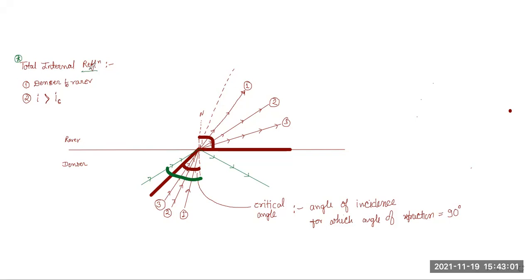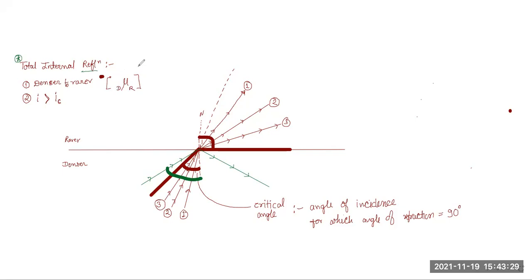Very first thing, light must travel from denser to rarer medium. This means for our calculations in numerical parts, we must take into consideration the refractive index when the light is traveling from denser to rarer.